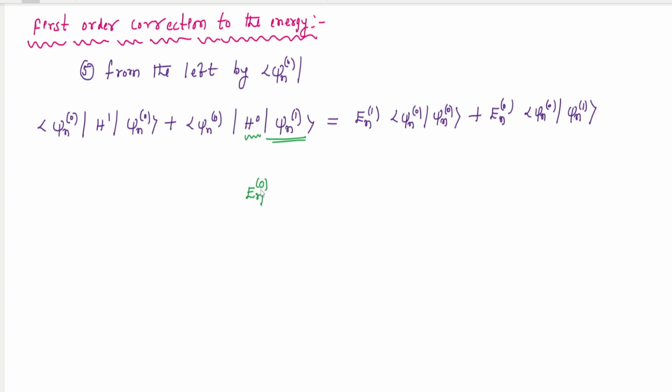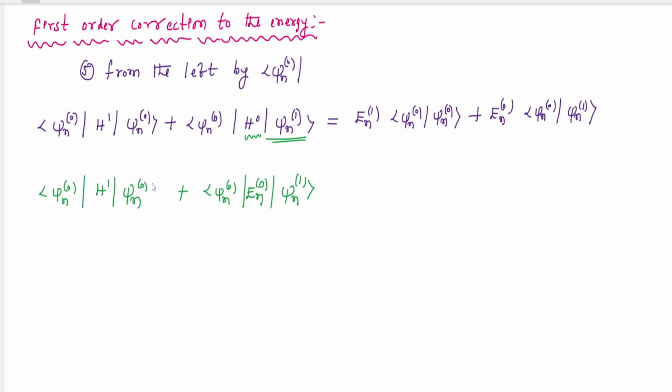zeroth order energy into the wave function, which is the first order. Please be careful here. As it is the first term, I'm not changing it, it is not possible to change.